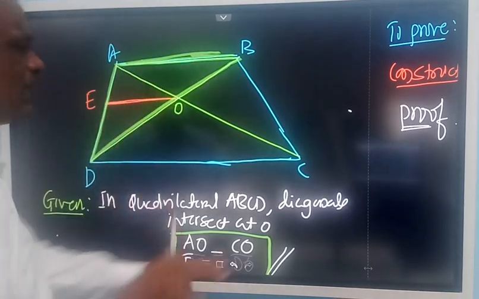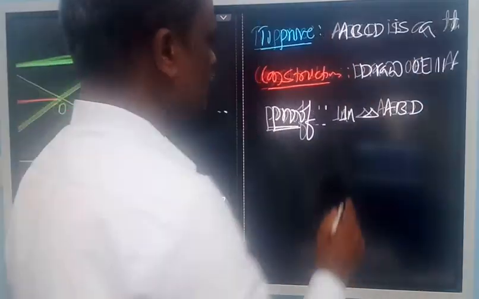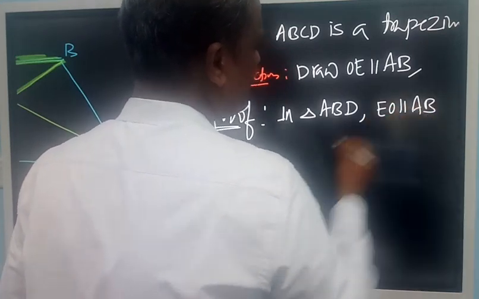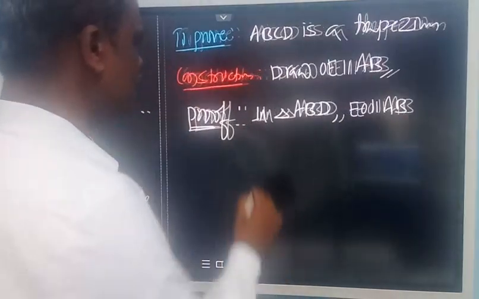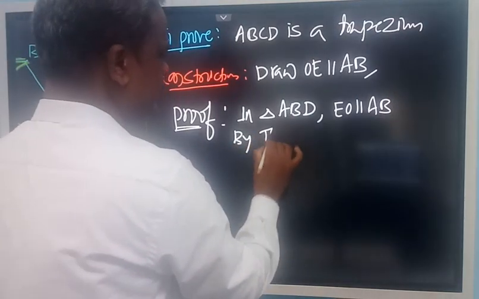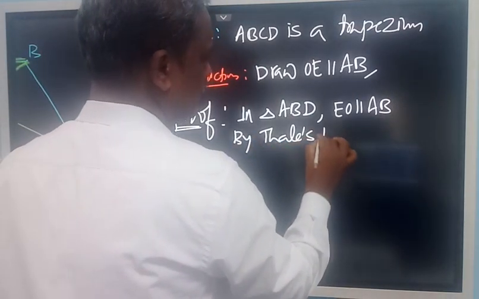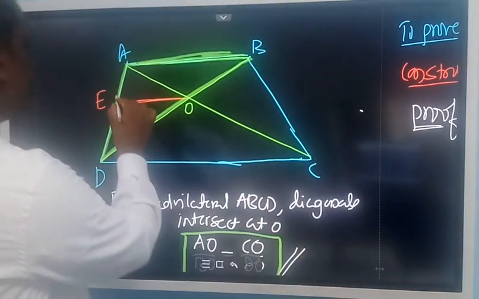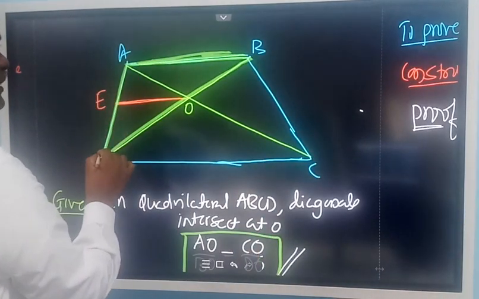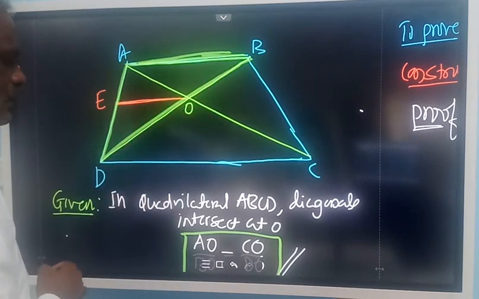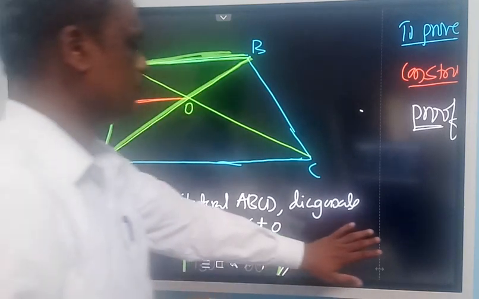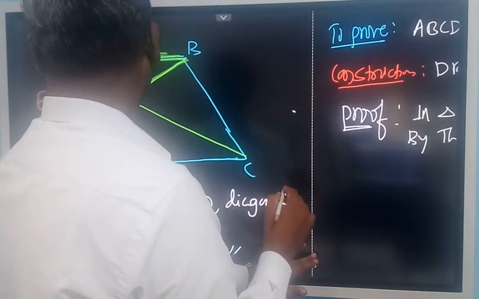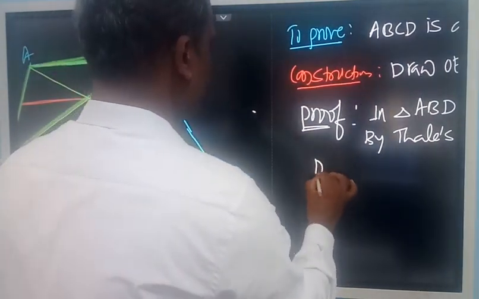We have drawn EO parallel to AB. So in triangle ABD, EO is parallel to AB. It is done in construction. Apply Thales theorem to this triangle. By Thales theorem, I can write AE by DE is equal to BO by DO, isn't it? AE by DE or DE by AE.